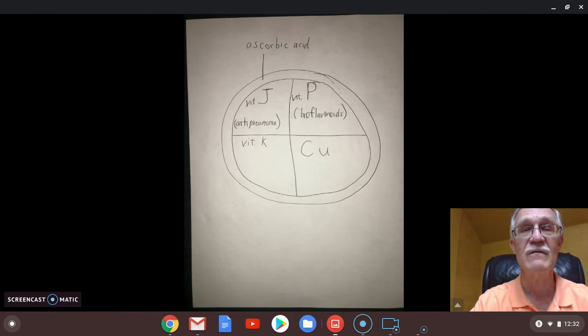And these are the parts of vitamin C. Ascorbic acid is the outer shell, you could say, in the structure of vitamin C. There's something called vitamin J. That's an anti-pneumonia component of the vitamin C. There's vitamin P. Those are the bioflavonoids that are part of the ascorbic C complex. Then there's Cu, it says there. That's copper. And then the other is vitamin K. That is part of vitamin C.